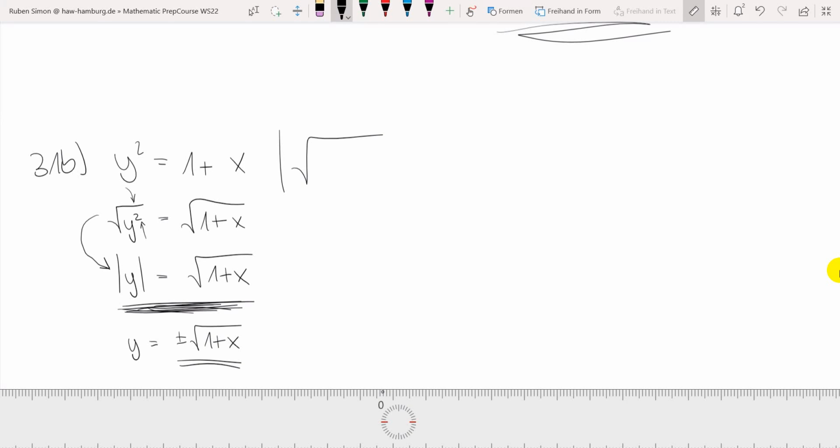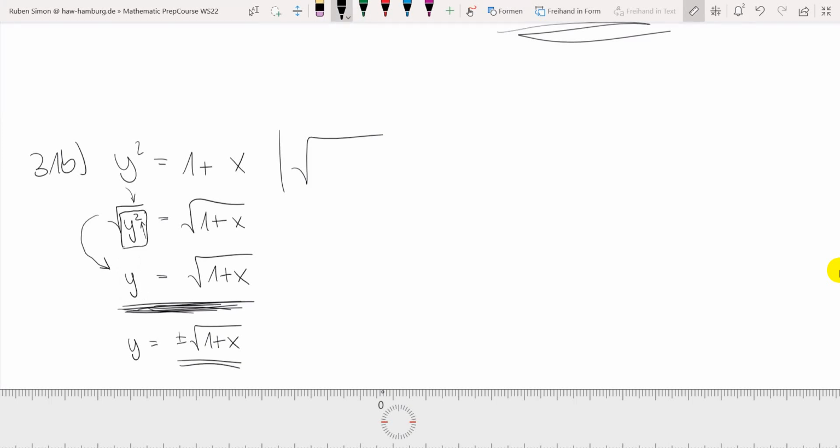And after canceling this, we could either have a positive or a negative value for just y. But we actually don't know if y is positive or negative.